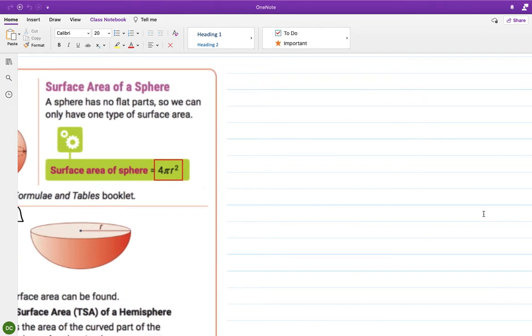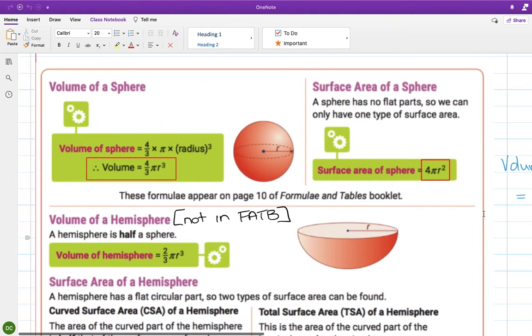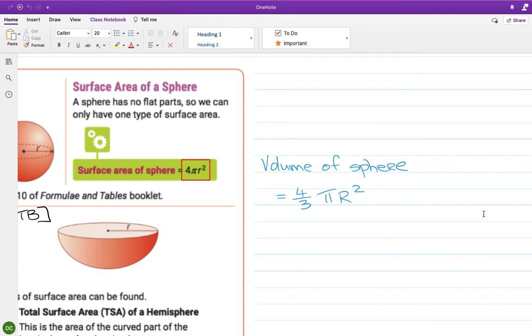Sorry, hang on. Did I say squared? Sorry, it's cubed.